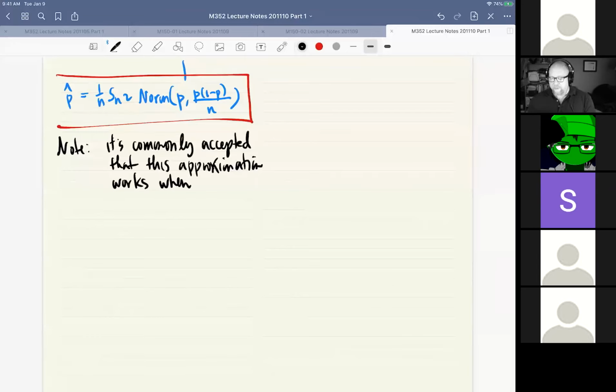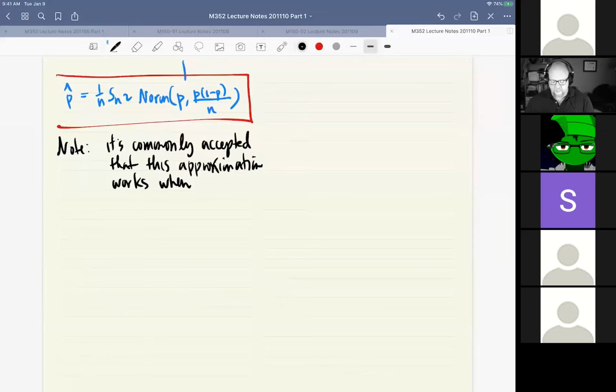Remember, the central limit theorem says when n is sufficiently big, the sample mean is approximately distributed according to a normal distribution. Then we ask the question, what does big mean? And I told you that it's commonly accepted that n equals 30 is big enough.